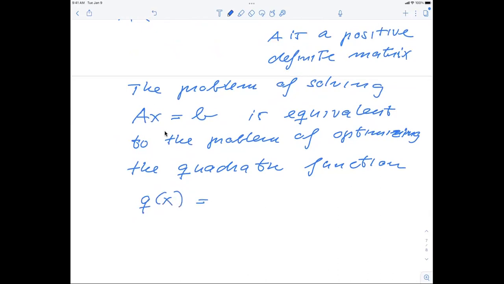which is equal to X transpose times A times X minus, and often what people do is that you can put in factors of 2 in different ways. You often put a factor of 1/2 here, minus X transpose times the vector B. So B is also a vector here.